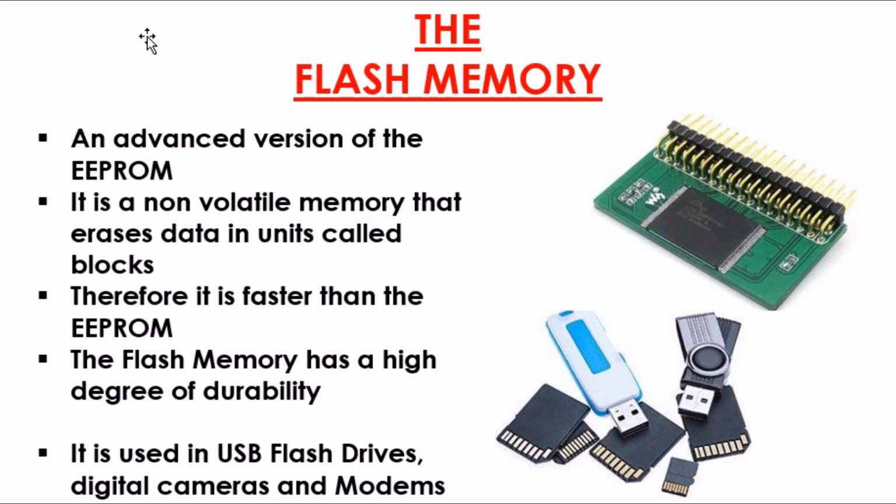Yes, unlike the EEPROM that we have just seen previously, which erases and rewrites data at byte level, that is, 1 byte of data at a time. Therefore, the flash memory is a bit faster than the EEPROM.